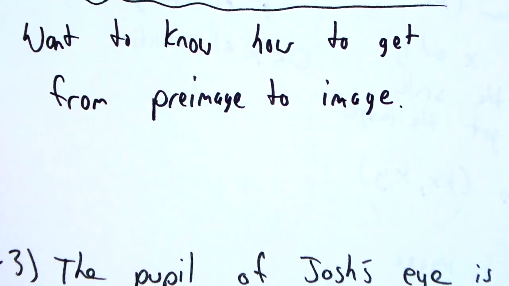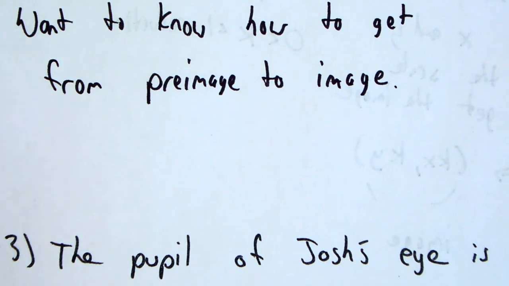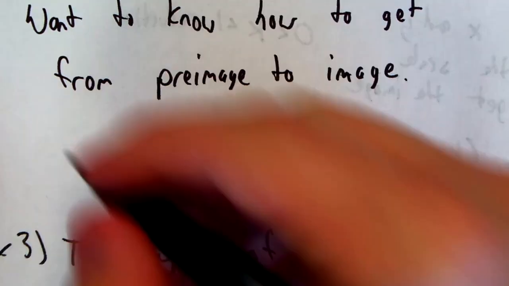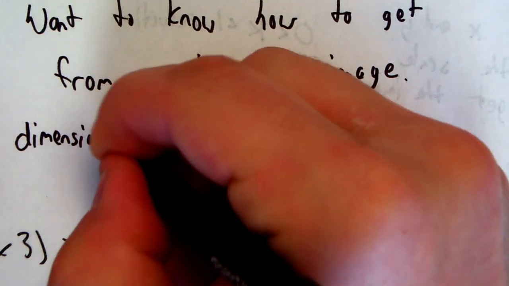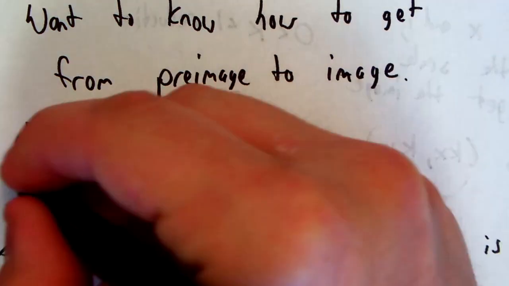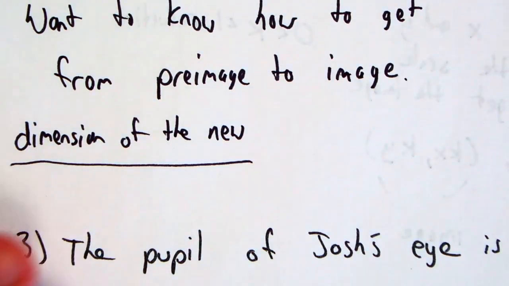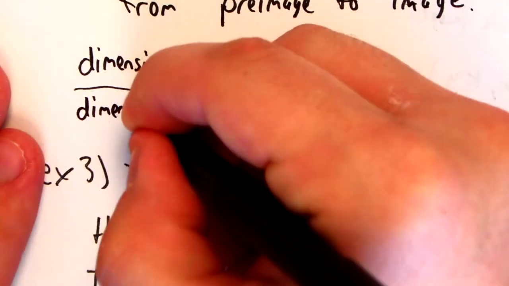And when we were doing scale factors back in 7th grade, the way that we did the scale factor was we took a dimension of the new image, or the new, and we divided it by the dimension of the original.